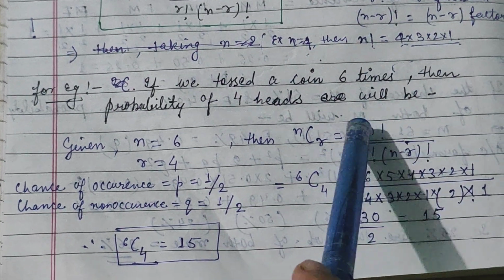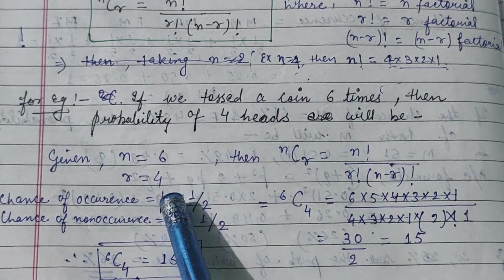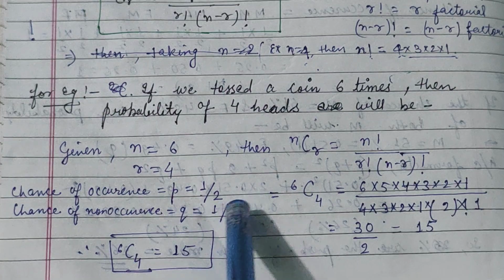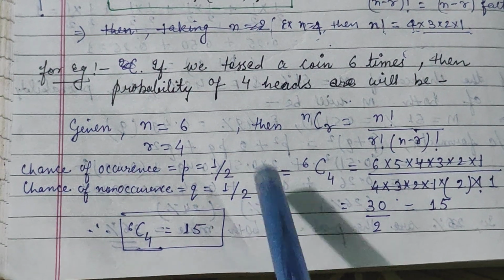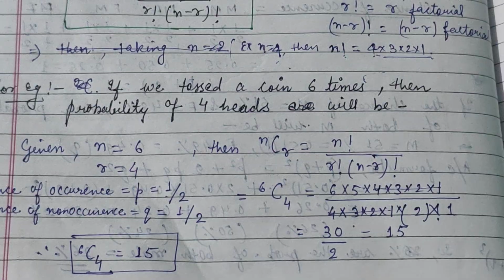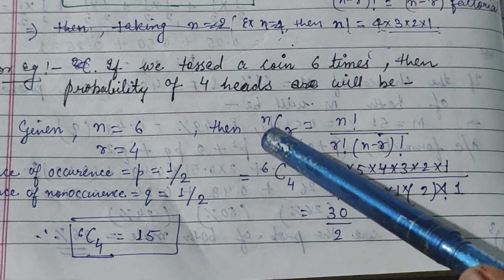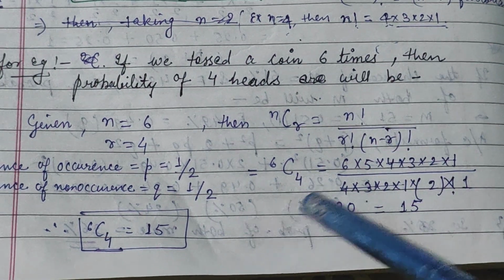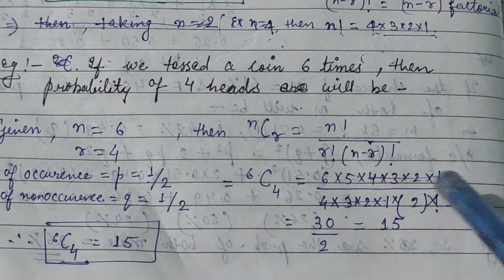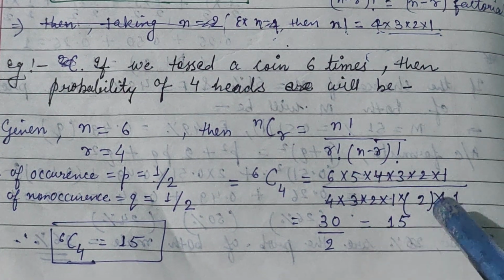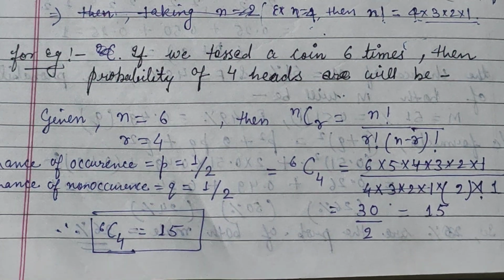Here again, the total number of tosses n is equal to 6, r, the chance of occurrence, is equal to 4, and P is equal to half. The chance of occurrence and the chance of non-occurrence, we know both are 50-50%, so we can take this as half and half. Here by putting in this equation and formula we can find nCr. n is equal to 6 and r is equal to 4. So n factorial is 6 into 5 into 4 into 3 into 2 into 1, and r factorial is 4 into 3 into 2 into 1, then the whole equation gives 15. So nCr is equal to 15.